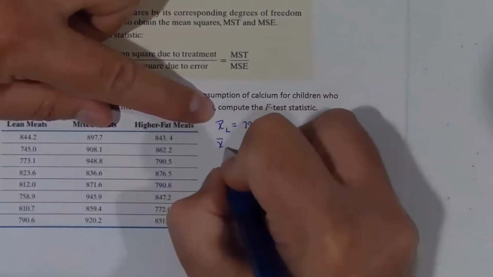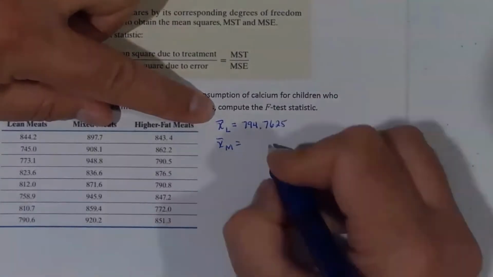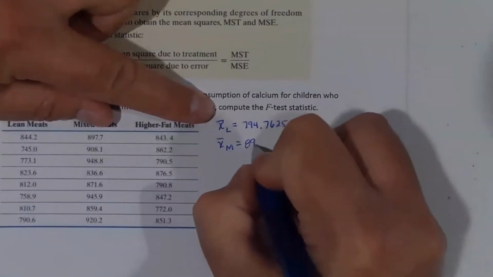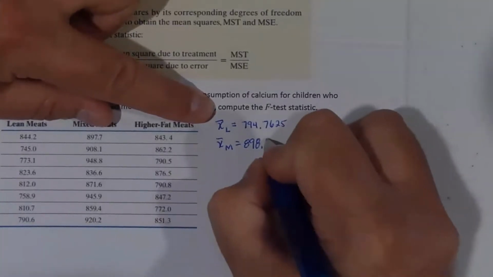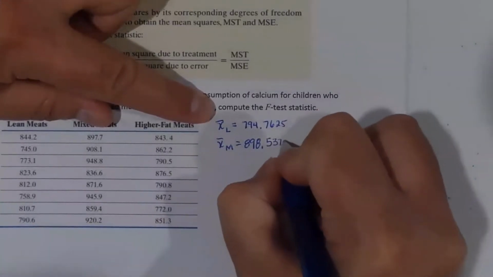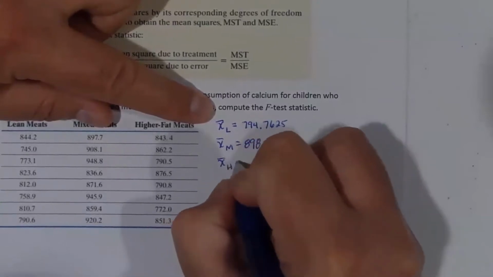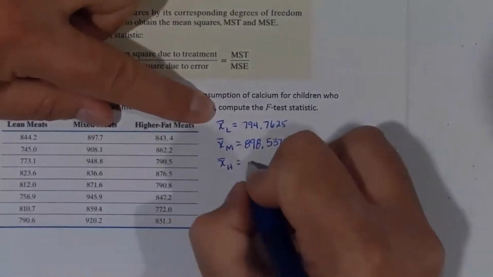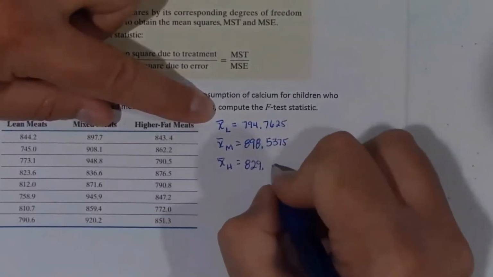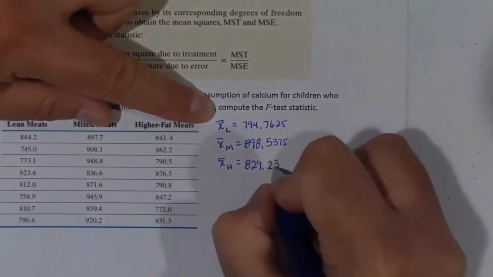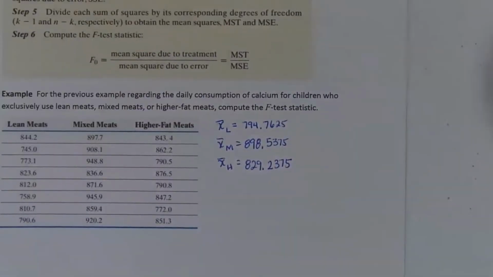X bar for the mixed meats is 898.5375. And the X bar for the higher fat meats is 829.2375. And again, I got those all in StatCrunch.